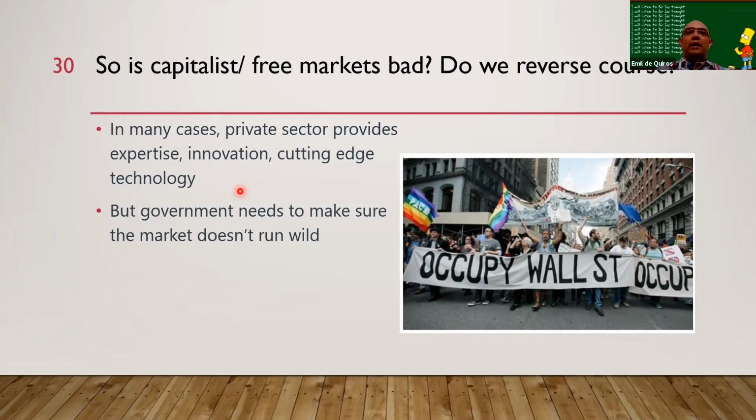So there's still a function for government. What we're saying here is we can trust the market in general, but there's still a role for government to play to keep watch over the market, make sure they're not abusing. And in many cases, if the private sector can't provide for everything, government steps in. So capitalism is not inherently bad, but sometimes it's not sufficient. That's why government needs to step in.